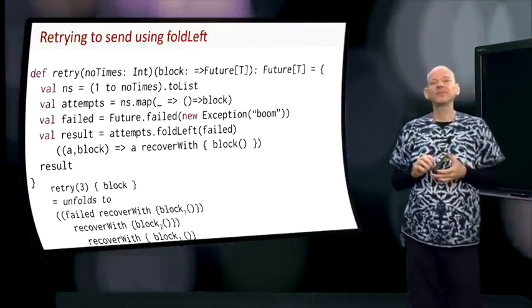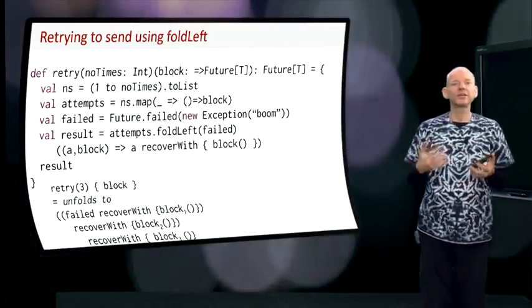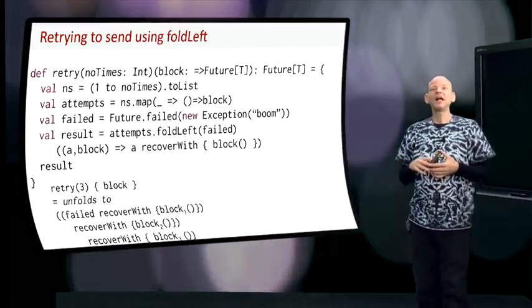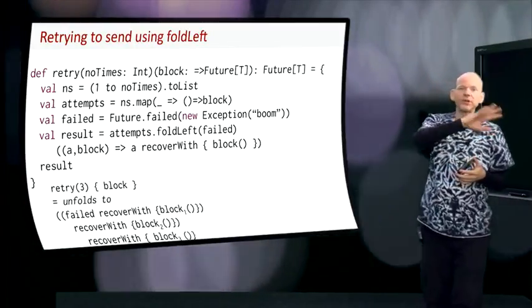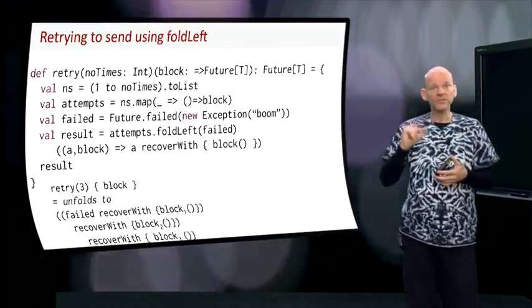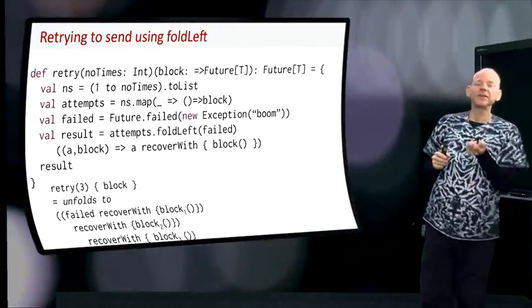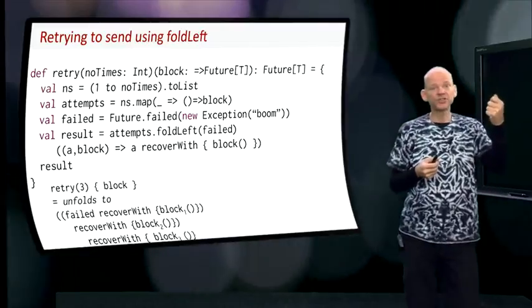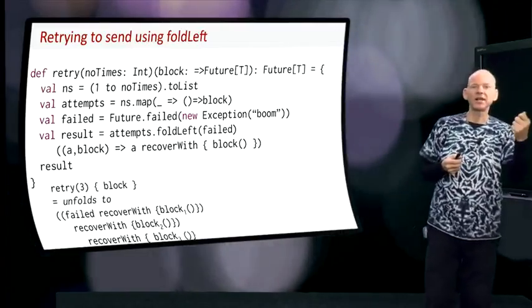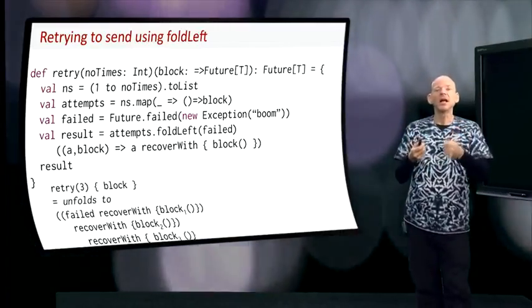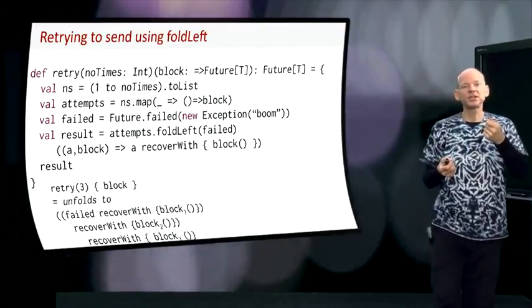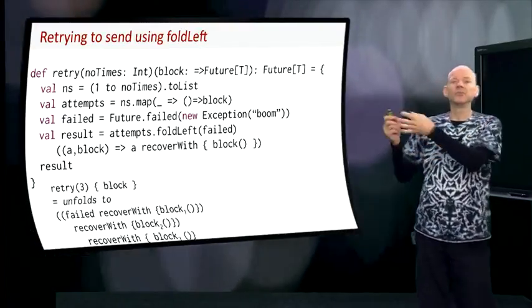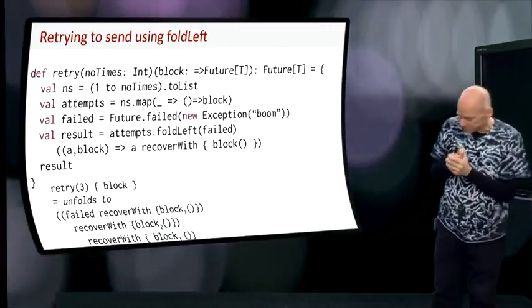Our neutral element is failed, so we create a new future failed. Then we fold from the left, starting with failed. Our combination function takes a future, the thing on the left, and the block, and then we try to run the future, and if that fails, we run the block.